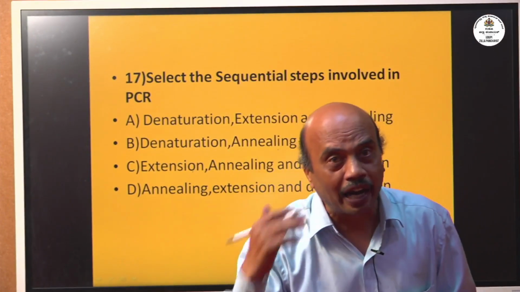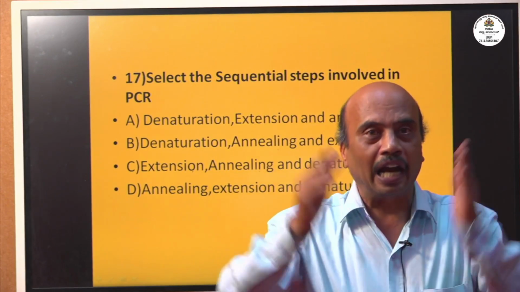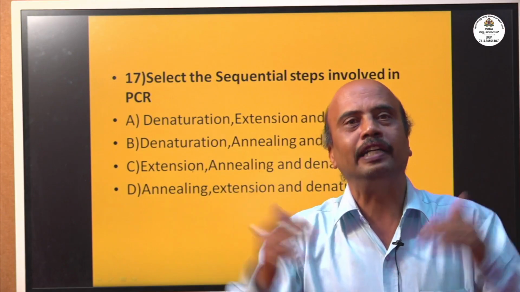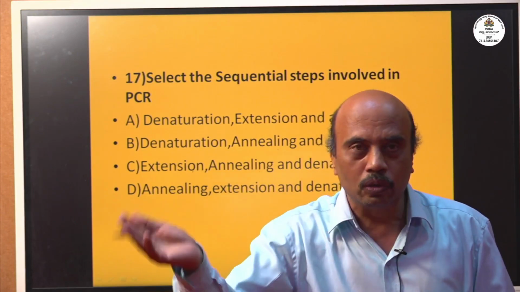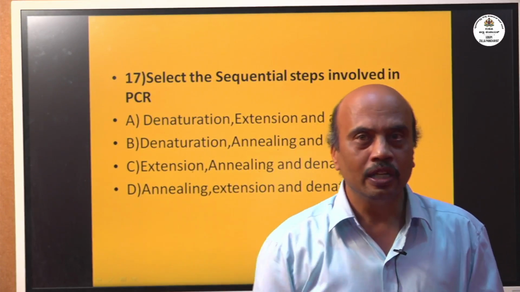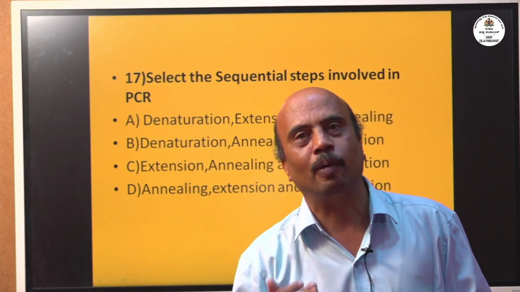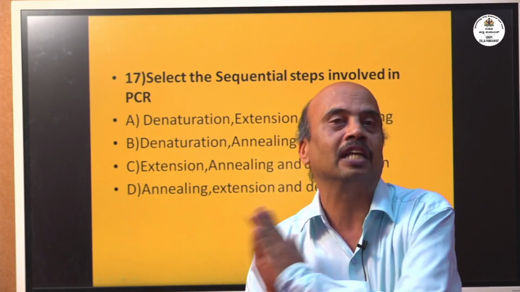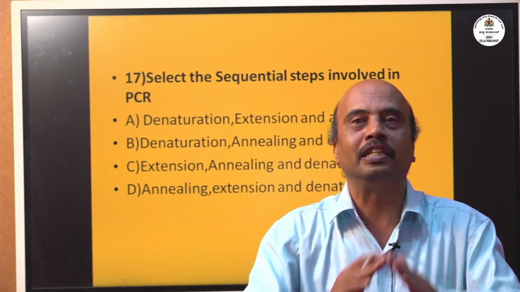That DNA polymerase can withstand high temperature. No denaturation of DNA polymerase occurs if we use Taq polymerase. Taq polymerase means Thermus aquaticus polymerase. So that helps in the extension.